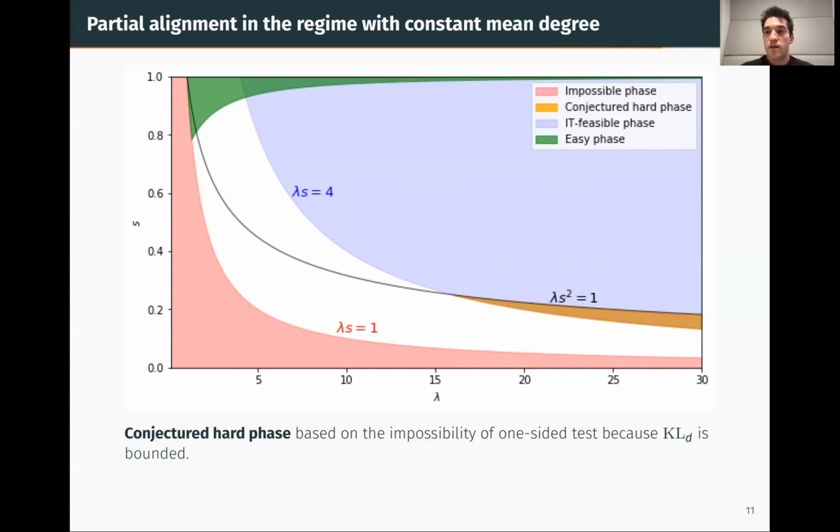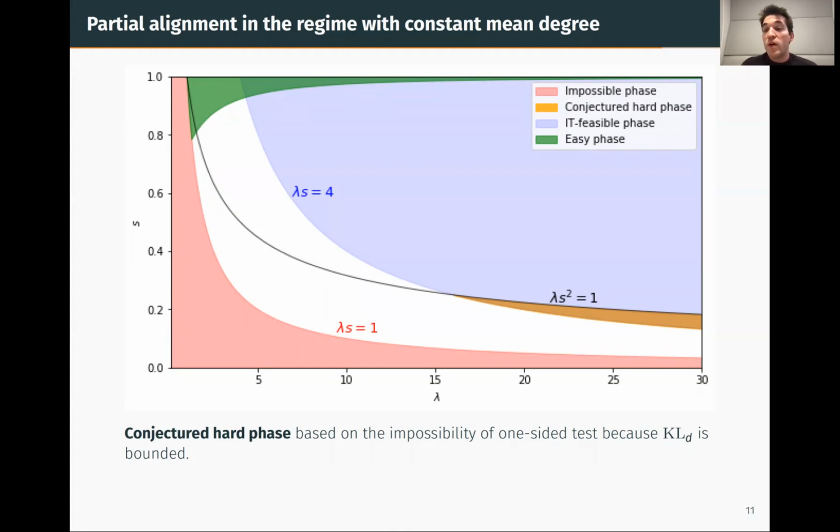And in this regime, we can say that our algorithm fails. And we conjecture that the connection actually runs deeper and that maybe no local algorithm will succeed for this task. So this is a first clue, according to us, to exhibit what may be called a hard phase.